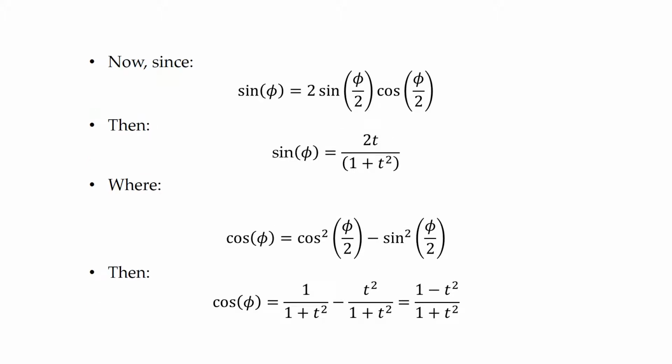We now introduce the double angle formula for both sine and cosine and substitute into them the trigonometric relationships stated on the previous slide. This results in a particularly vital expression in terms of t for the cosine of angle phi.